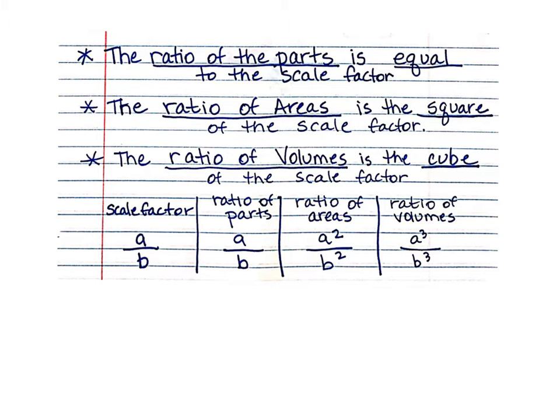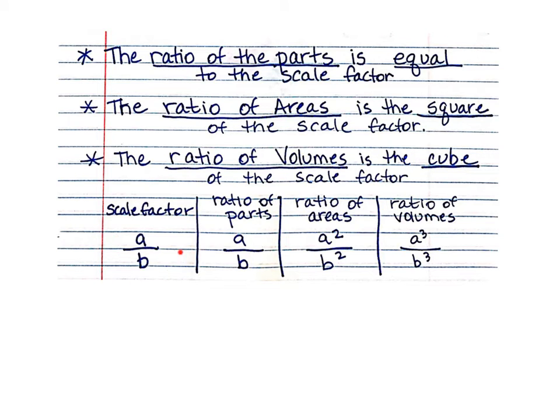Like I just said, the ratio of their parts is equal to the scale factor, and that's how we find the scale factor. The ratio of areas is the square of the scale factor, and the ratio of the volumes is the cube of the scale factor.